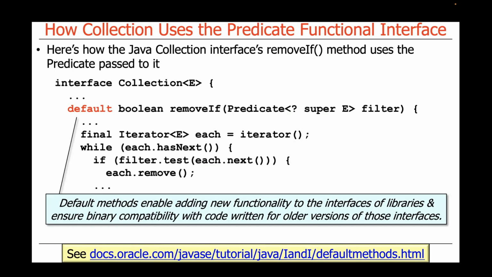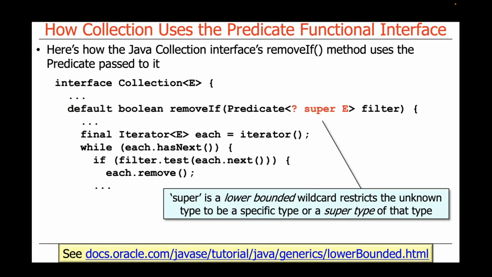And if you add default to an interface, that provides a default implementation of that method. So interfaces are no longer just about method signatures. You can also have method implementations or default method implementations. So in this particular case, we're going to have this removeIf method defined by default in Collection. Now, some implementations of Collection can modify it if they want, but this is what you get by default.